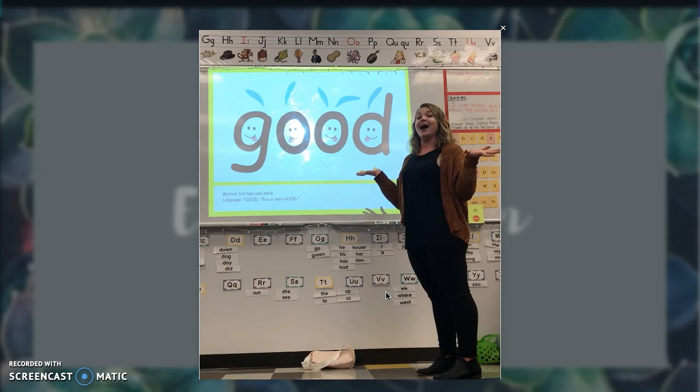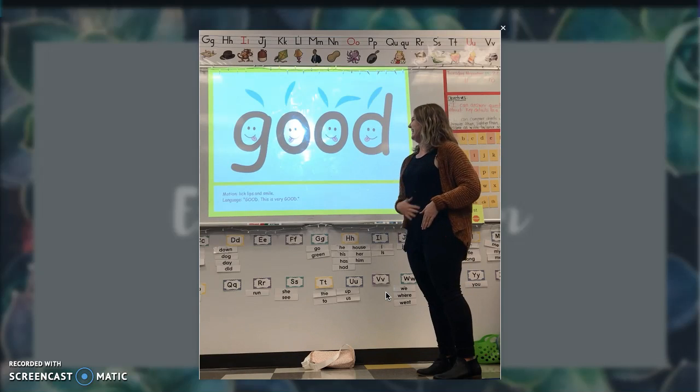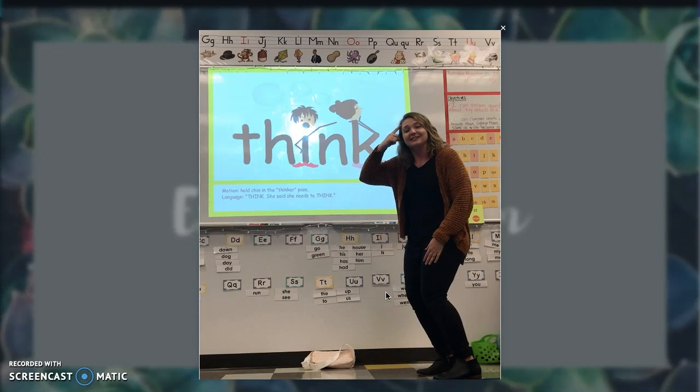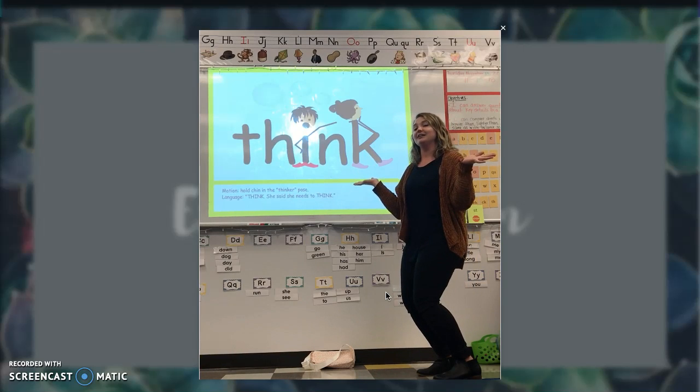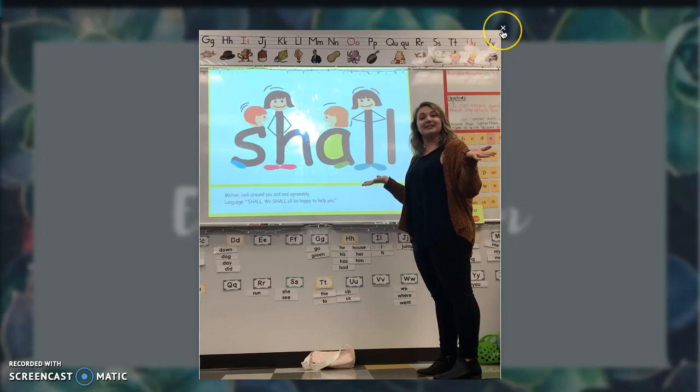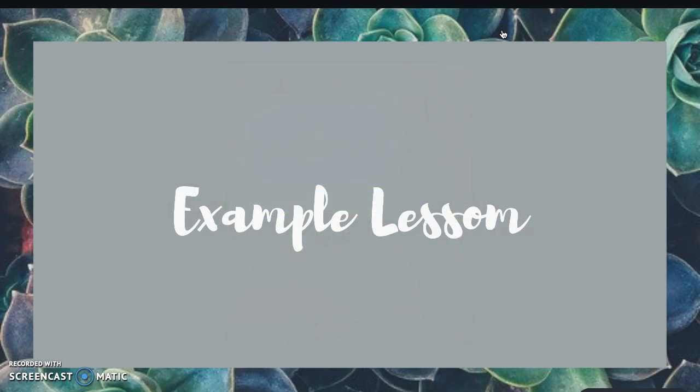What's the word? Good. Think. The word is think. What's the word? Think. Shall. The word is shall. What's the word? Shall. This example lesson is very typical for any different subject at KIPP Antioch College Prep.